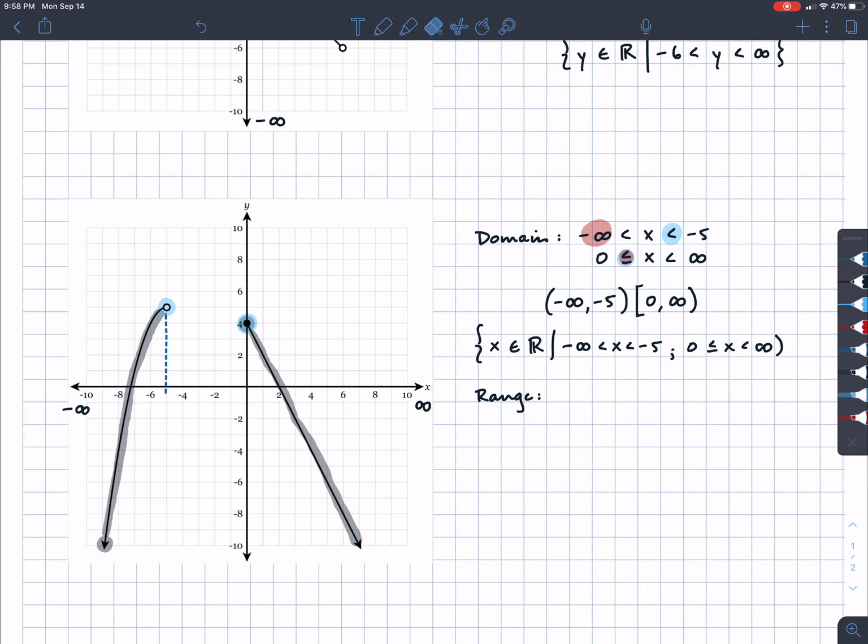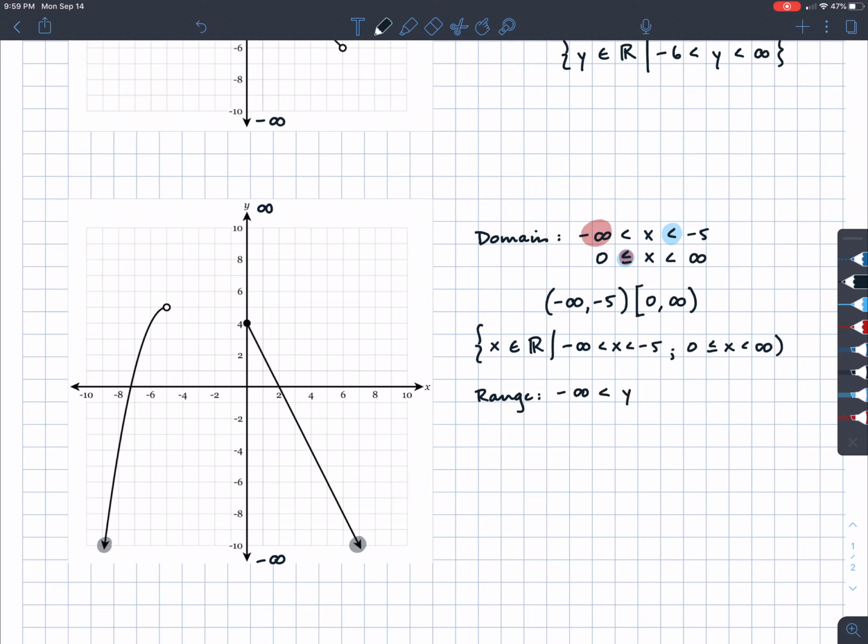All right, let's talk about our range. So range, going from negative infinity to positive infinity. So if I look at my range, I see that both of these functions go all the way down to negative infinity. So we can start there, negative infinity.